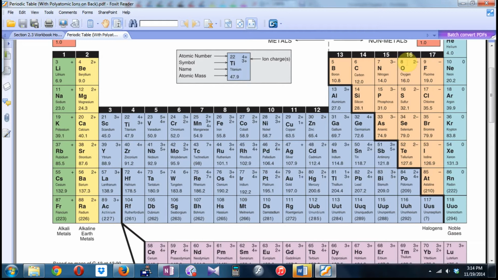Why does that work? Because electrons weigh nothing. That's a fib. They weigh almost nothing, but essentially they weigh nothing. So if it has a mass of 16 and 8 of the masses are protons, the rest must be neutrons. If phosphorus has a mass of 31, and it's got 15 protons, the rest must be neutrons. 31 take away 15.